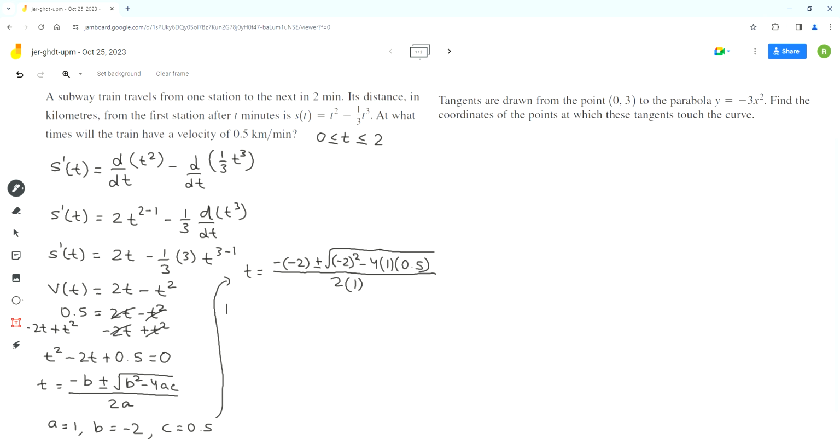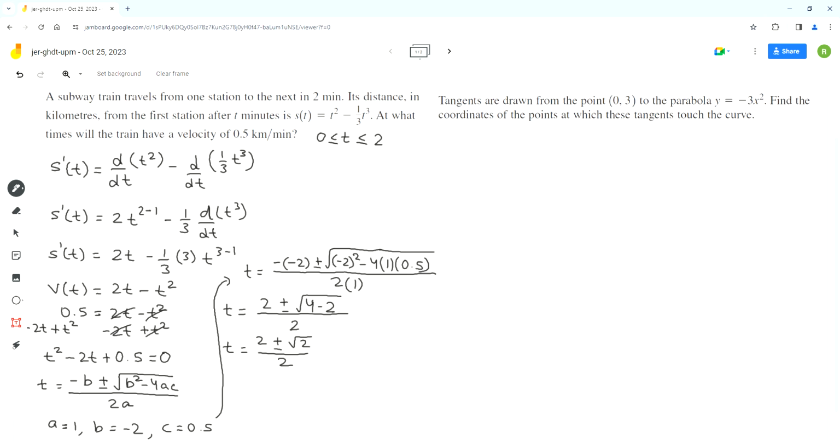So now we have to simplify this expression. In the numerator we get 2 plus or minus the square root of 4 minus 2, because 4 times 1 times 0.5 is equal to 2, over 2. So we get t equals 2 plus or minus square root of 2 over 2.